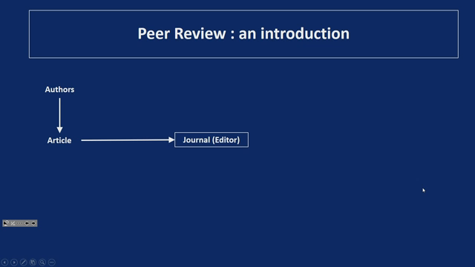The journal editor is often the first major entry point or step for a manuscript, and the editors can make several decisions. One of these is to so-called desk reject the article and send it back to the authors. Another option is to send it to the reviewers, and here the peer review process happens.